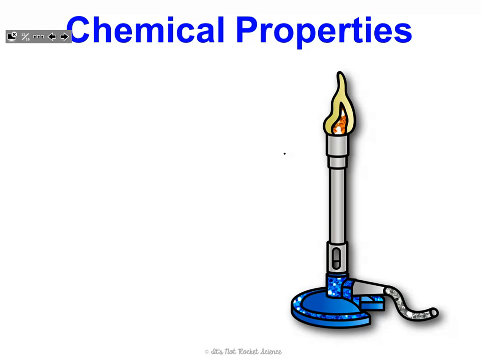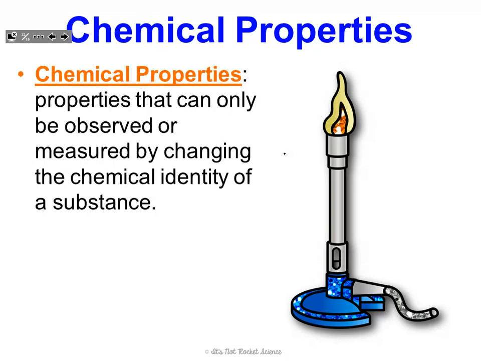Chemical properties are properties that you can only observe when the chemical you're starting with ends up being changed. The identity gets changed, the formula gets changed, so something changes within that object, that substance, that mineral, that element.